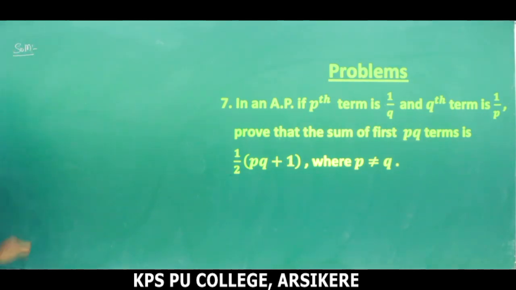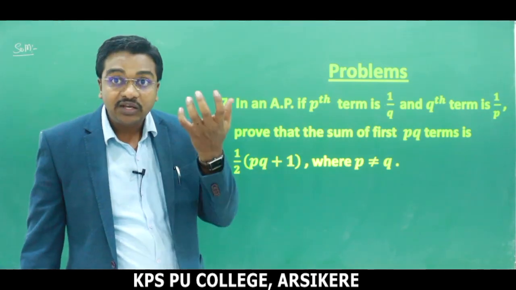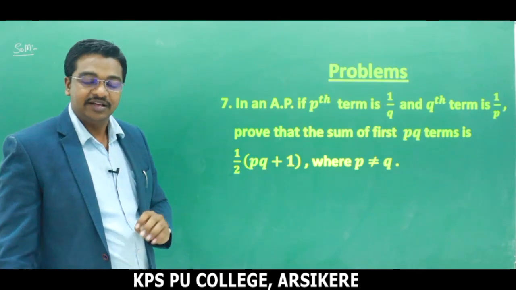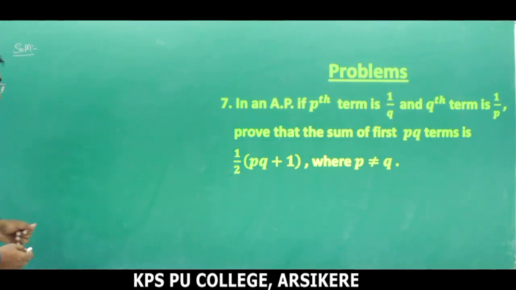Solution. Similarly, to find the sum of n terms, the requirements are the first term as well as the common difference. So first we need to find the first term as well as the common difference.